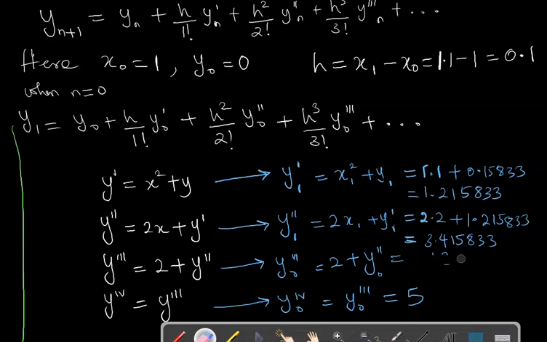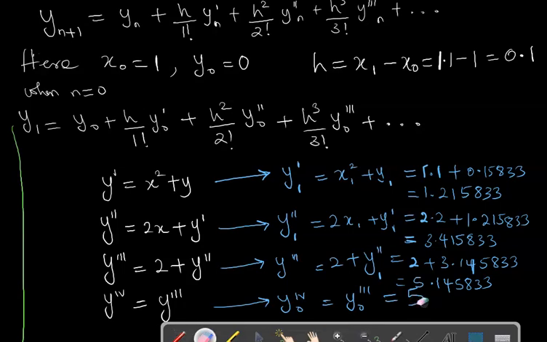This value will change, this will also change, and this will change. This is going to be y prime, so that means we're going to add 2 to the last value we got. That will be 2 plus 3.415833. This one will give us 5.415833.